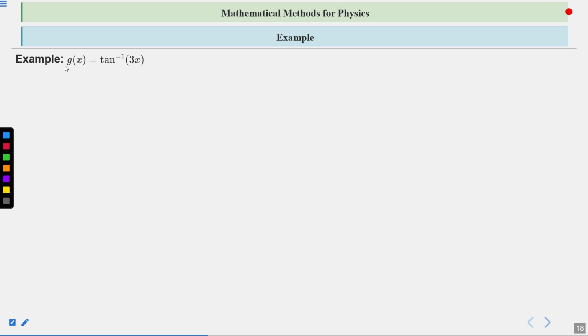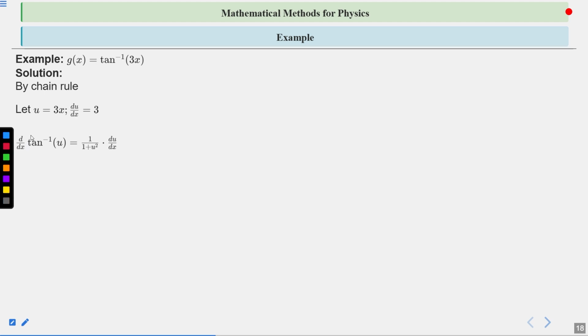Example: g of x is equal to tan inverse 3x. Solution: by chain rule, let u is equal to 3x. So what will be the derivative of u with respect to x? So it will be du upon dx is equal to 3.